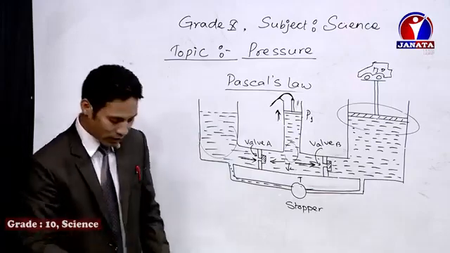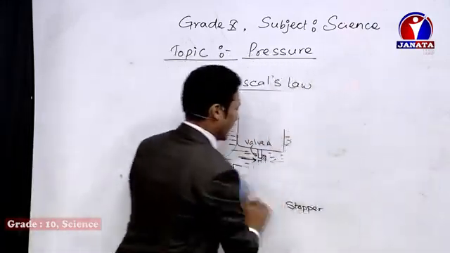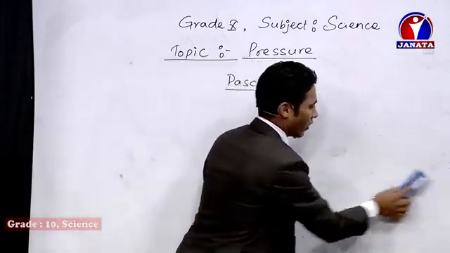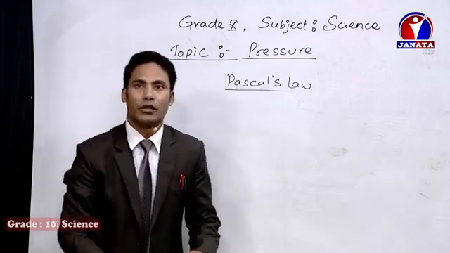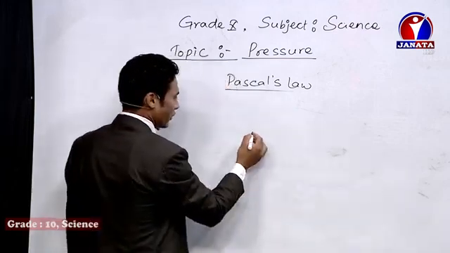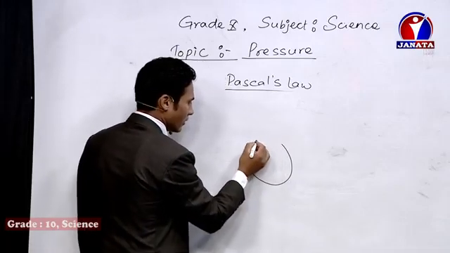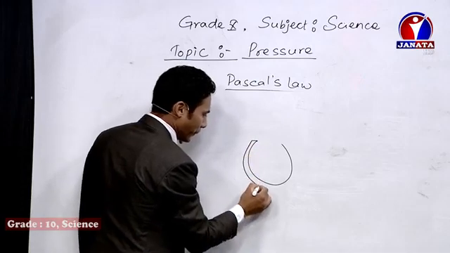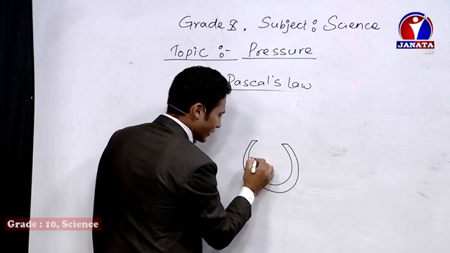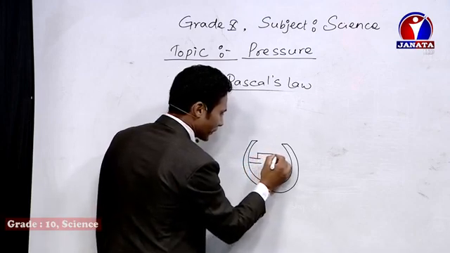And next, the hydraulic brake. You can draw the figure along with me for the hydraulic brake also. So let's try to draw the figure of this hydraulic brake. You can continue with me. This one is connected with a cylinder.